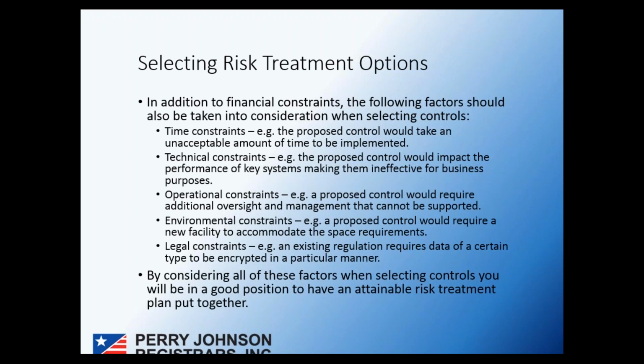Environmental constraints: a proposed control would require a new facility to accommodate the space requirements. Or it could be legal constraints: an existing regulation requires data of a certain type to be encrypted in a particular manner. By considering all these factors when selecting controls, you'll be in a good position to have an attainable risk treatment plan put together.